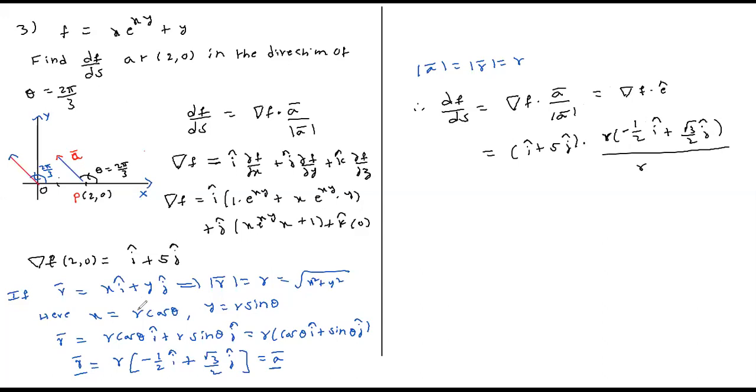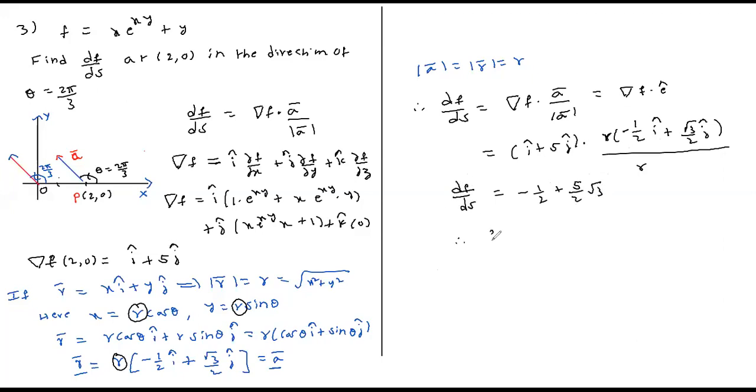So here itself I can put r equal to 1. So simply we will get minus 1 by 2 i bar plus root 3 by 2 j bar, which is going to be e bar. Okay. So these two get cancelled. So what is remaining is i bar dot i bar, which is minus 1 by 2. Okay. j bar dot j bar is 1, so 5 by 2 root 3. That is df by ds.